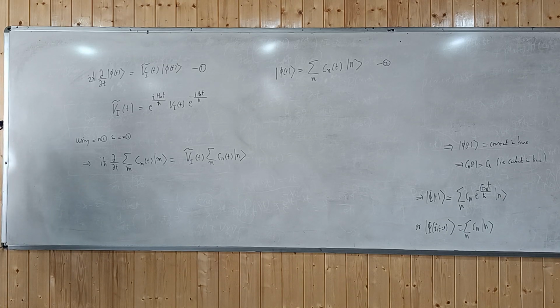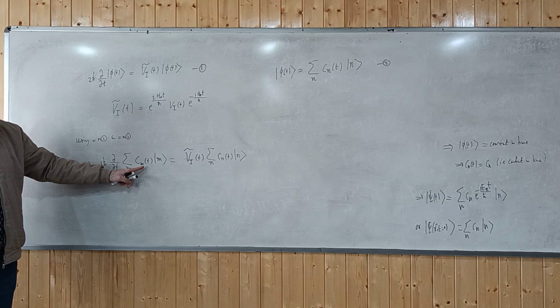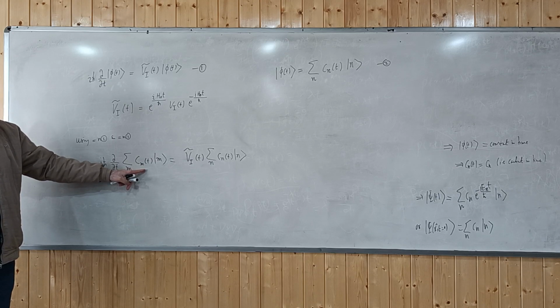So what is our goal? To figure out the Cn, which is unknown to us. That's why we are plugging equation 2 into equation 1 to get the value of Cn. If we know C, we know the probability.